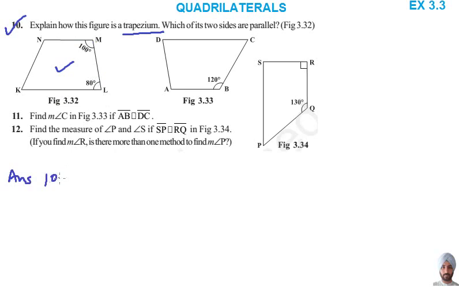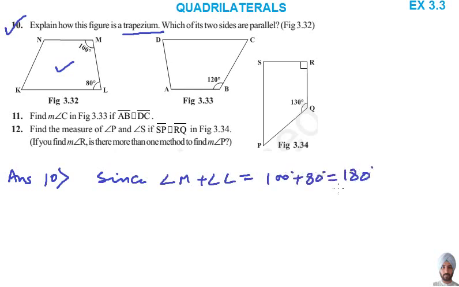So I am writing answer number 10. Since angle M plus angle L is equal to 100 degrees plus 80 degrees is equal to 180 degrees, therefore MN is parallel to KL.